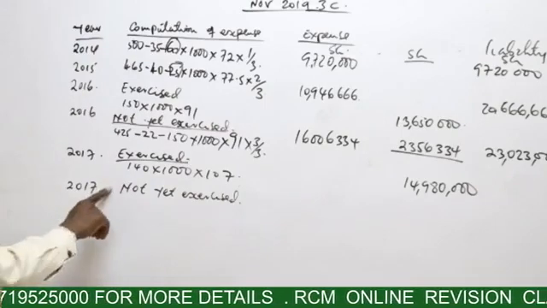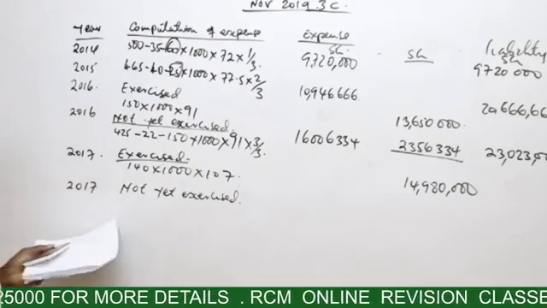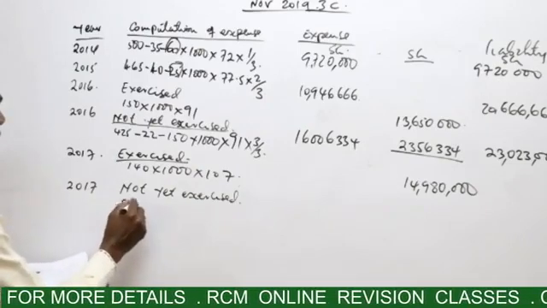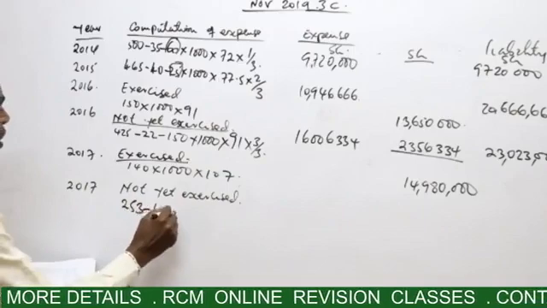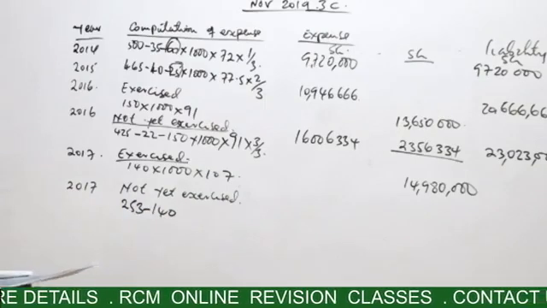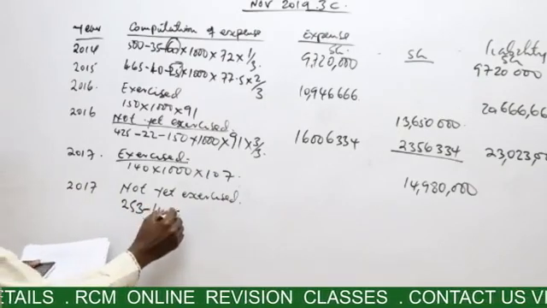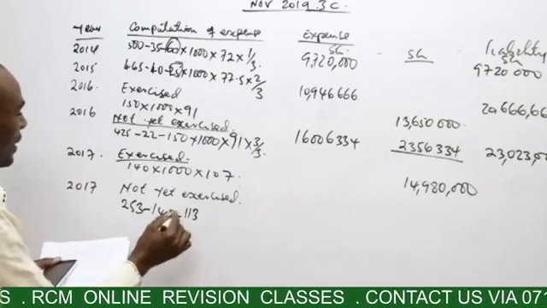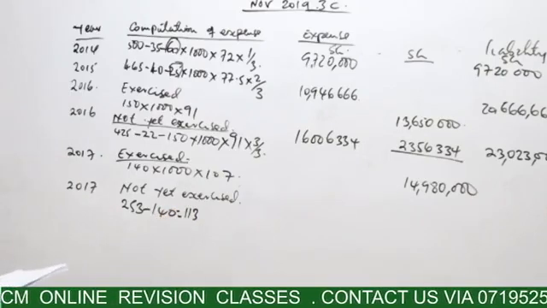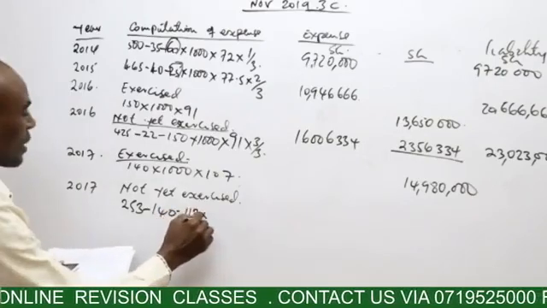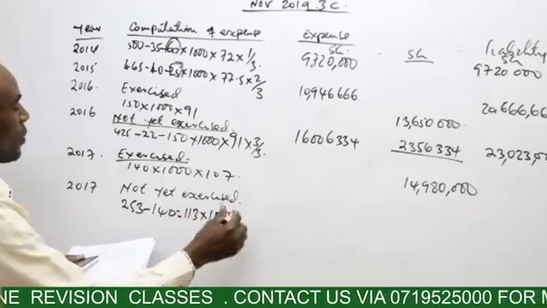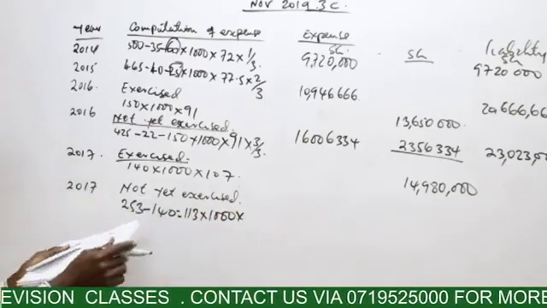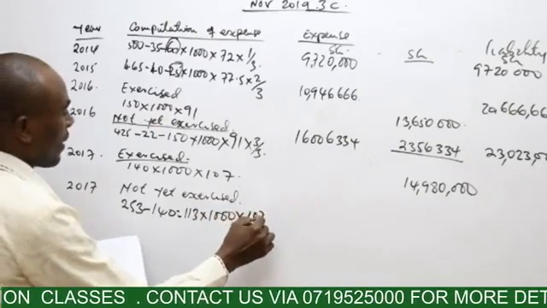Therefore, when we come here, those who have not exercised, it is 253 minus 140. Those who have not exercised, 253 minus 140, we get 113. Then times 1,000 options times the fair value in 2017, which is 107.